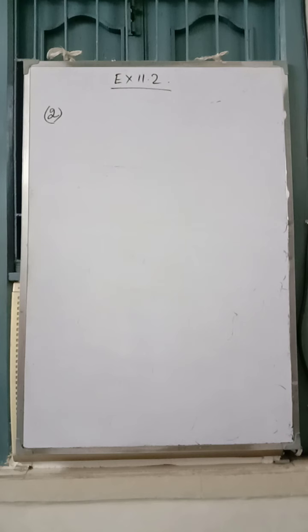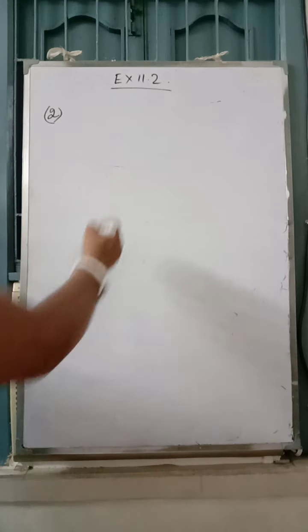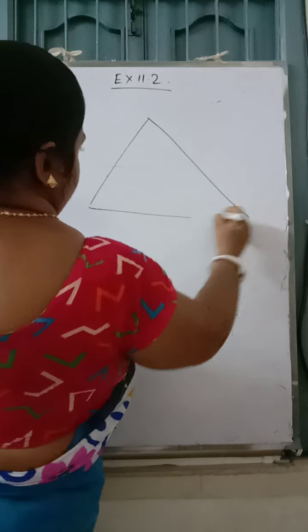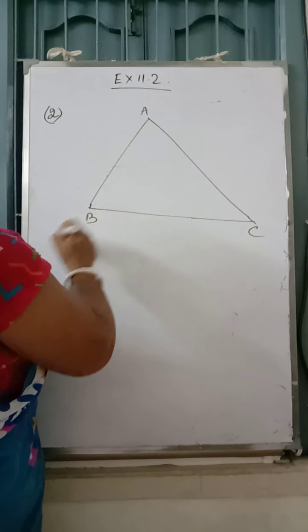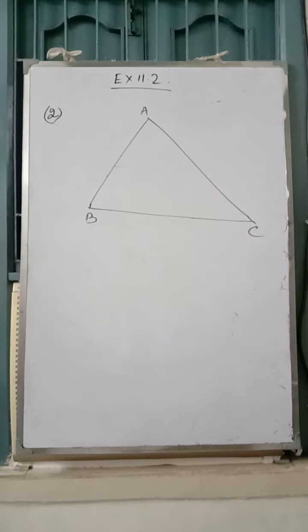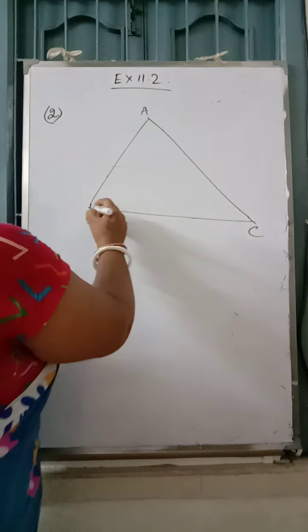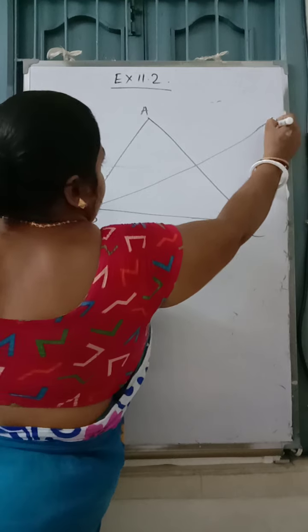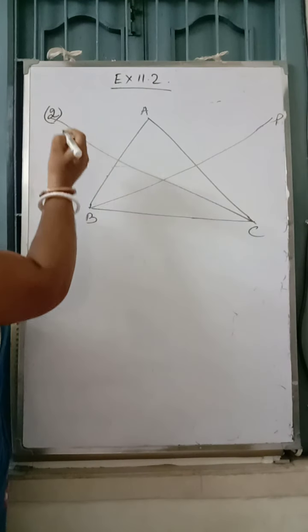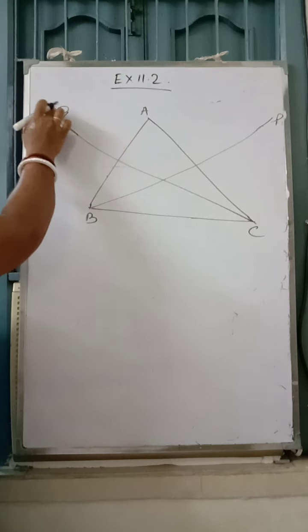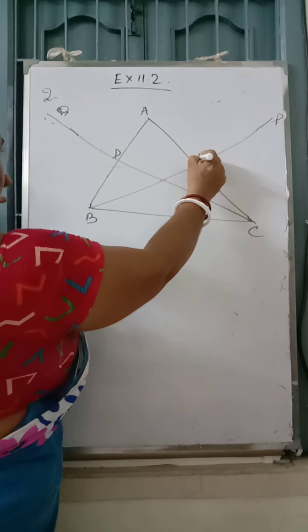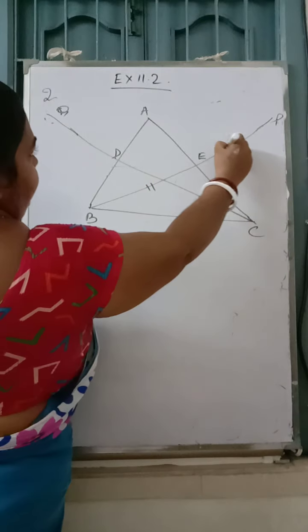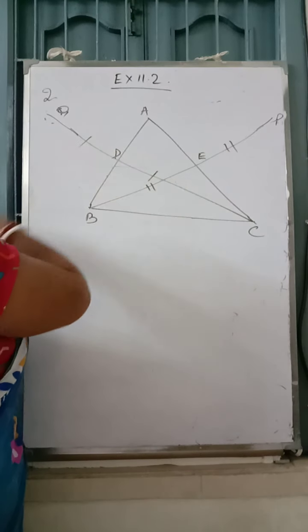In a triangle ABC, medians BE and CD are produced to meet at P and Q such that, now there is a triangle A, B, C. BE is a median which is produced up to P, and CD is a median which is produced up to Q. This is D and this is E, such that BE is equal to EP and CD is equal to DQ.